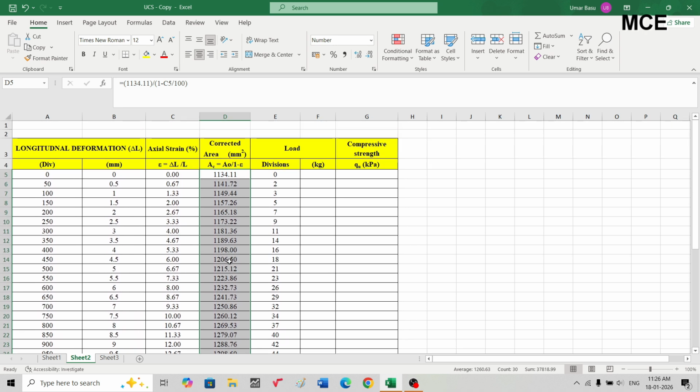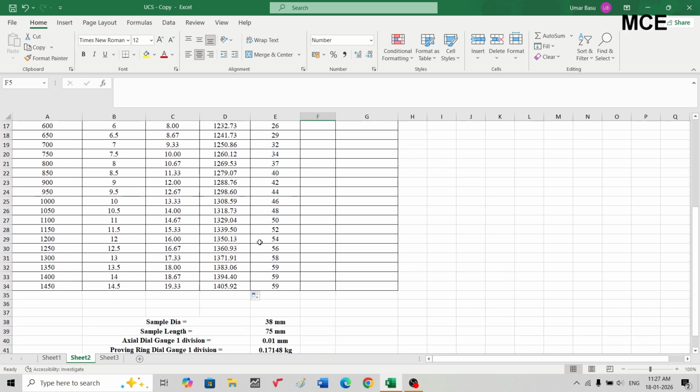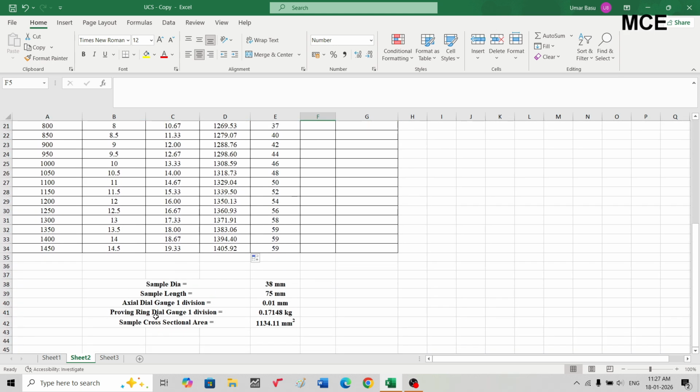After that we will convert the load divisions, that is the proving ring divisions, into kg, and then calculate the compressive strength. I already told you that one division of the proving ring dial gauge is equal to 0.17148 kg.